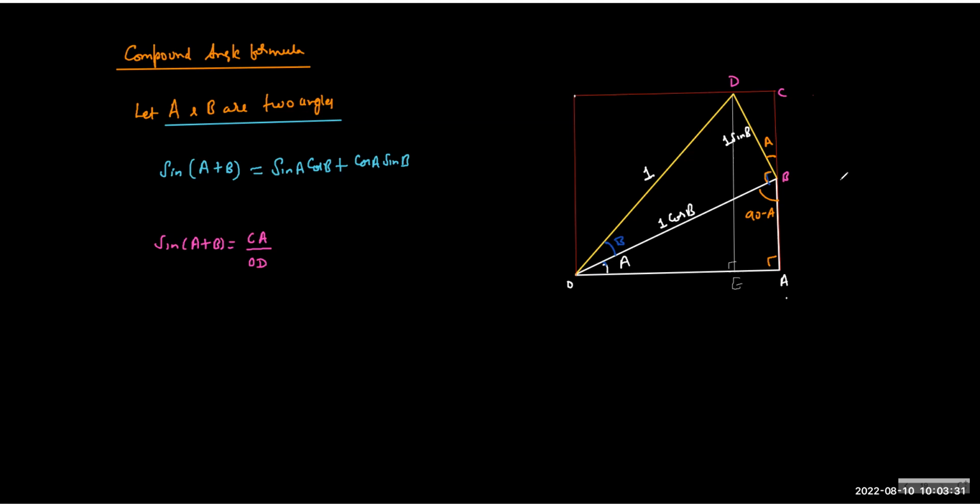Now we'll take the projection of projection. So if sin B is the hypotenuse of a small triangle DCB, what is the projection of sin B onto this base here? I want to know this projection on this line.